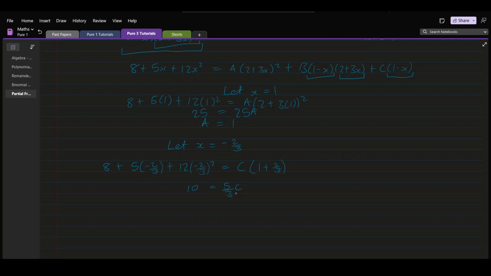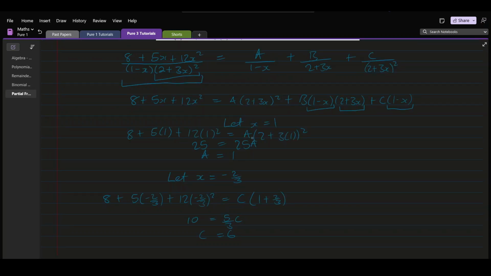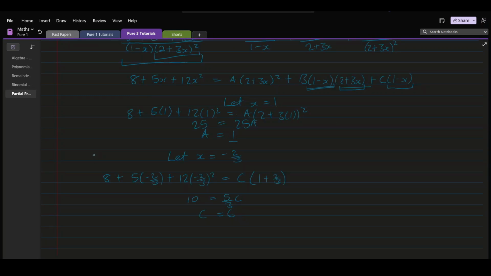So multiply both sides by 3/5. So 10 times 3/5, and we get c is equal to 6. You can see that there's no way of us evaluating b by making either of the brackets equal to 0, because b contains both of the brackets, 1 minus x and 2 plus 3x. So we'll say let x equal 0.